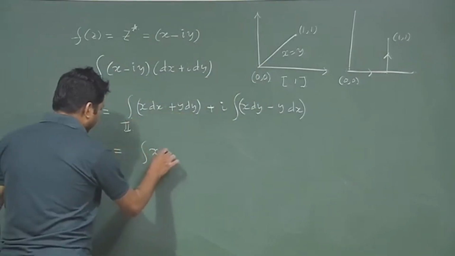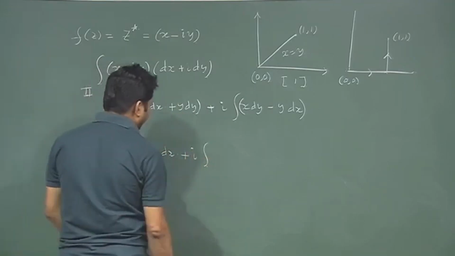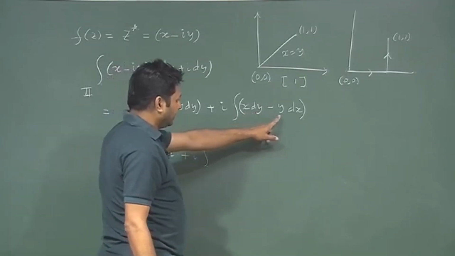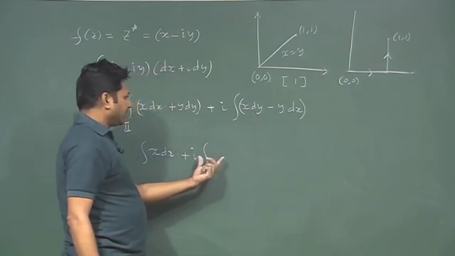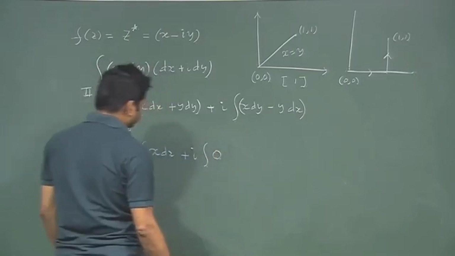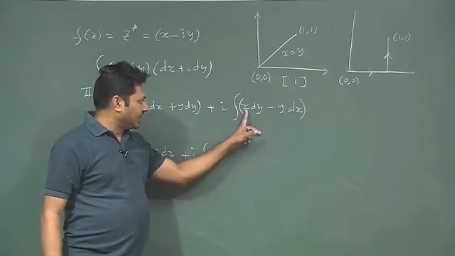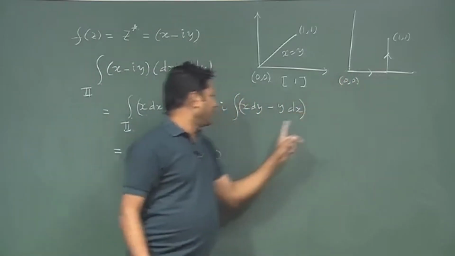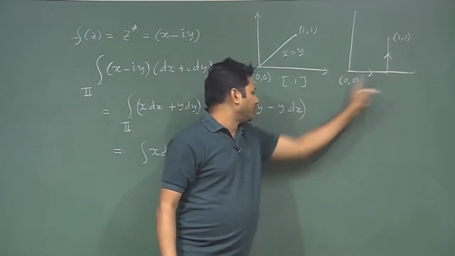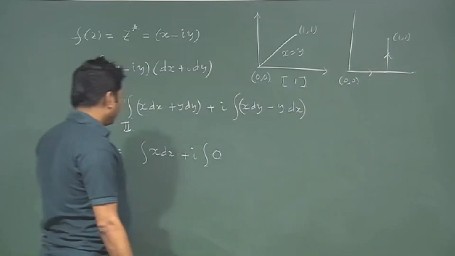I will have x dx plus i times this quantity, where dy is 0 and y is 0, so I will have 0 there.